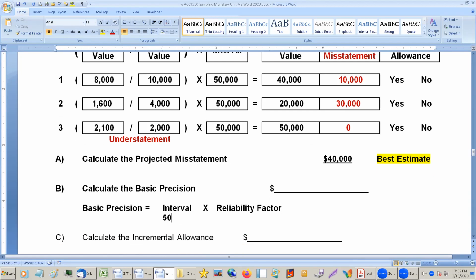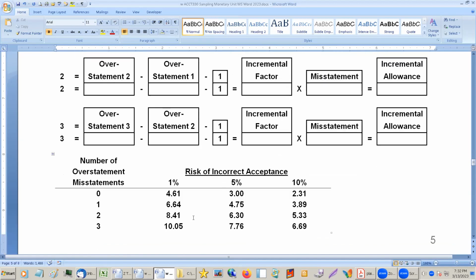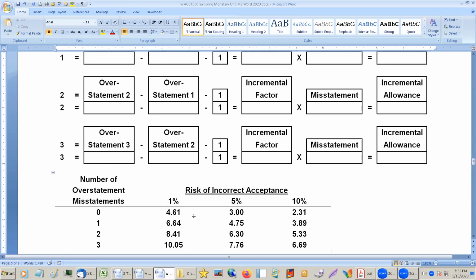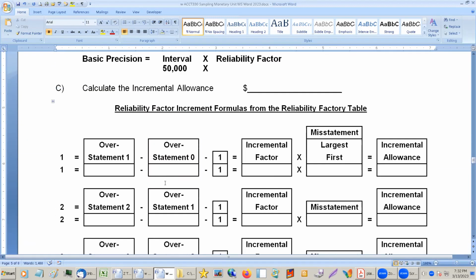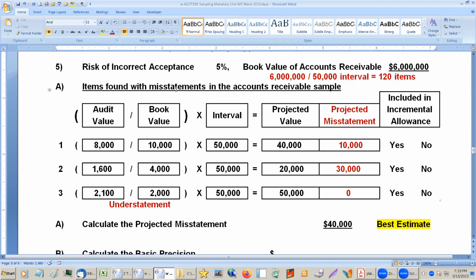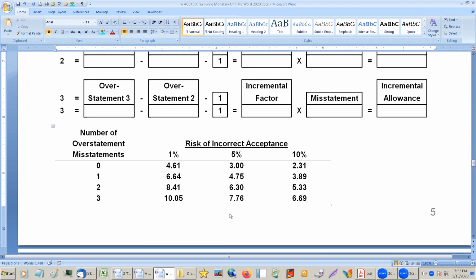Yep, 50,000. Now, for the hard part, the reliability factor. Coming down here, these are the reliability factors. Is it 5%? Let's give that a color, turquoise.